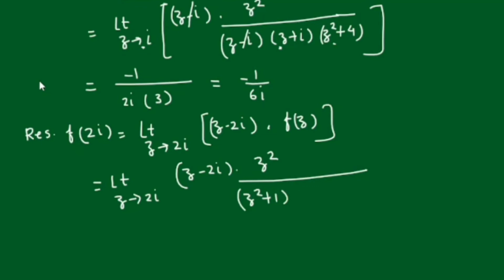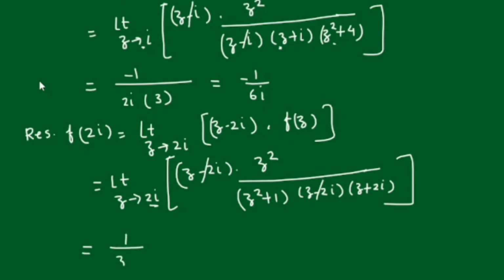Now I am writing z square plus 4 as z minus twice of iota into z plus twice of iota. So this z minus twice of iota and this z minus twice of iota will cancel, and after applying this limit, that means putting z is equal to twice iota, we'll get 1 by 3 iota. It is very simple calculation, you can do it on your own.